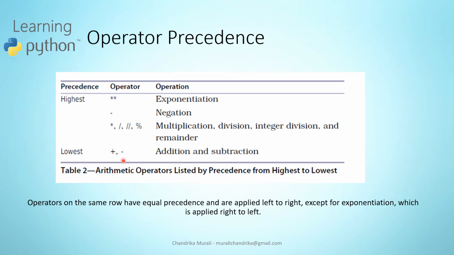But in case operations in any expression have the same precedence, then the evaluation of the expression takes place from left to right, except for exponentiation. Whenever the exponentiation operation comes, the evaluation takes place from right to left, whereas in all the other operations the evaluation of the expression takes place from left to right.